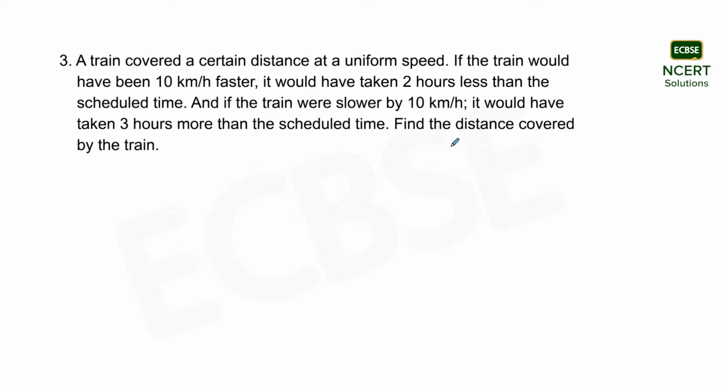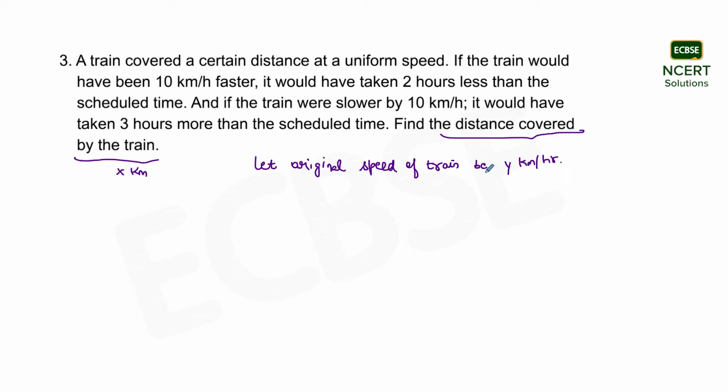In order to solve this question, I'll let the distance covered by the train be x kilometers. I have supposed that x kilometers denotes the distance covered by the train. And also let the original speed of the train be y kilometers per hour.